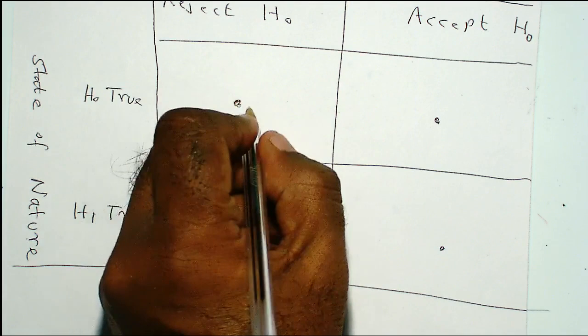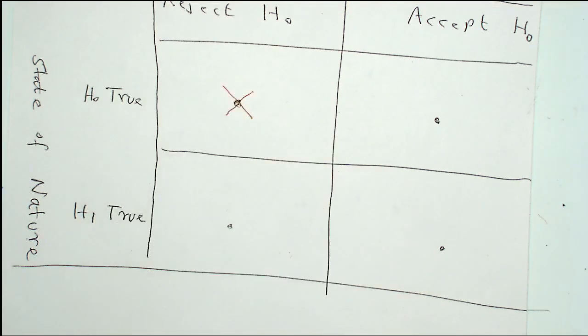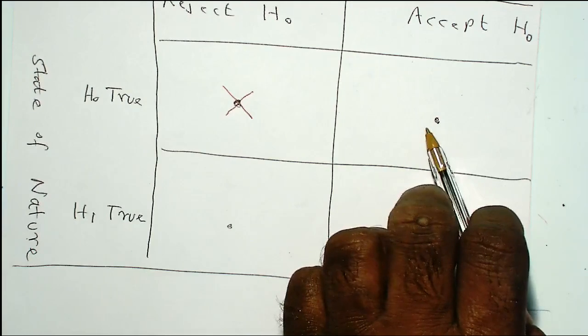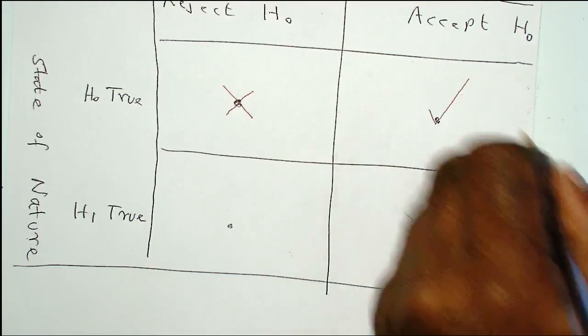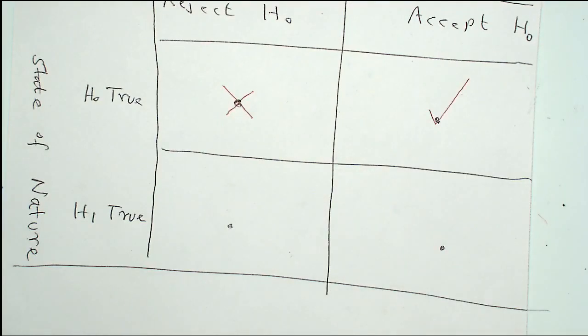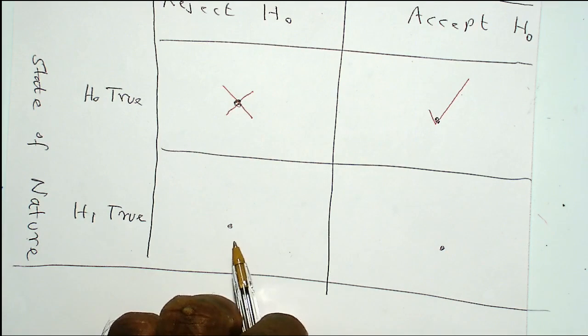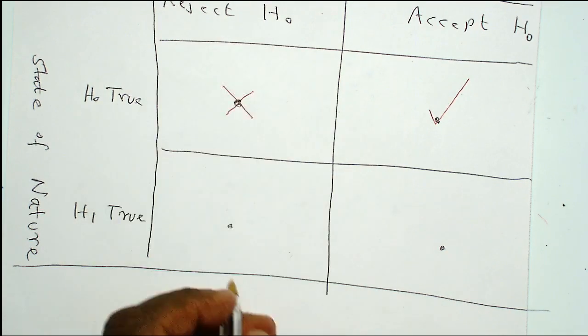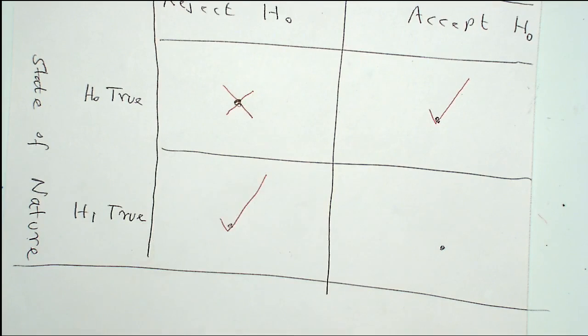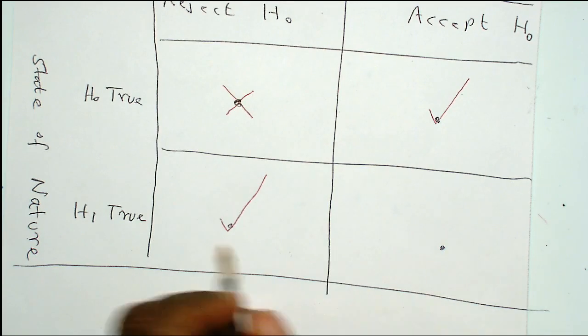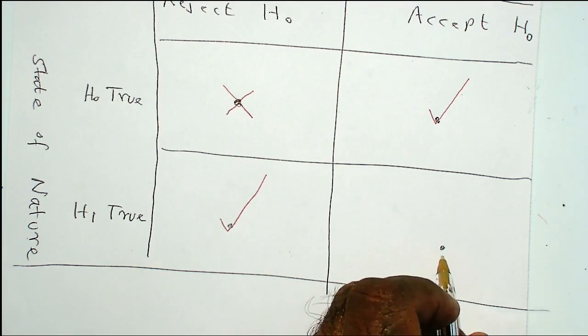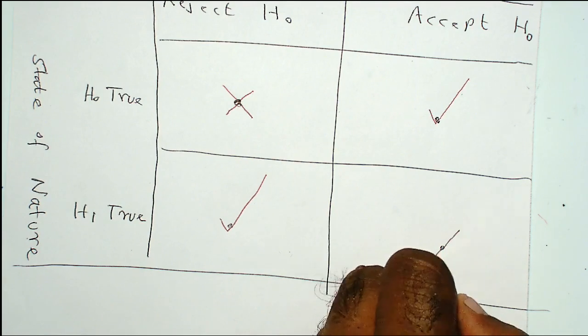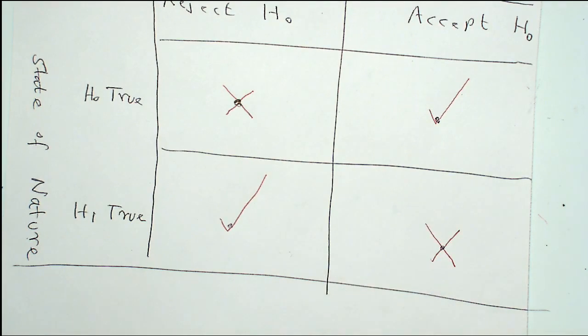No. This is not something that you want to do, but it's unavoidable. The second is H0 is true, and we accept. This is the correct thing to do, right? The third one is H1 is true, and we reject the null hypothesis. This is, once again, a correct thing to do. The fourth one is H1 is true, but we accept H0. This is, once again, an incorrect thing to do.